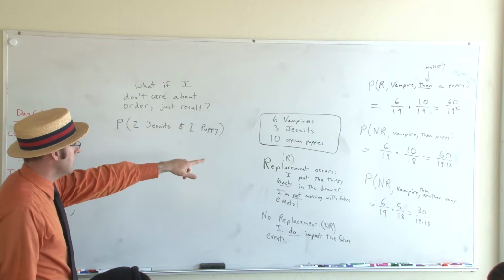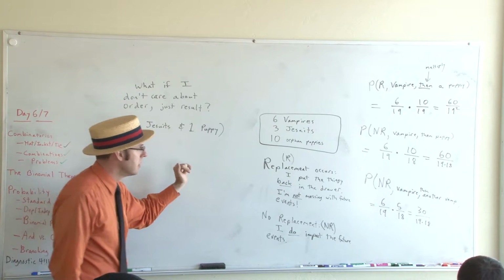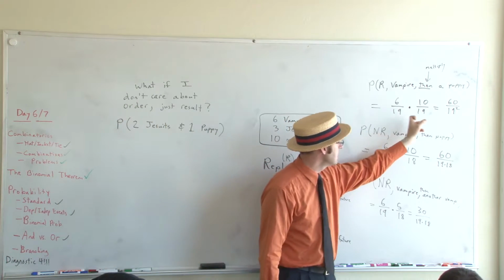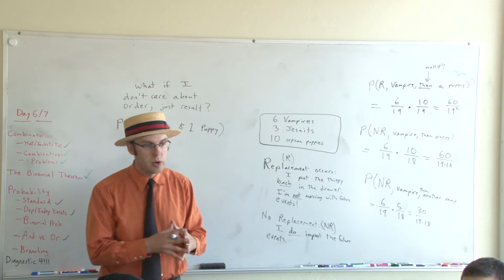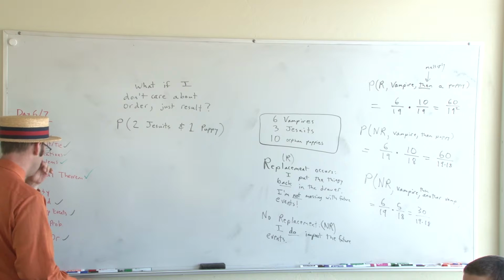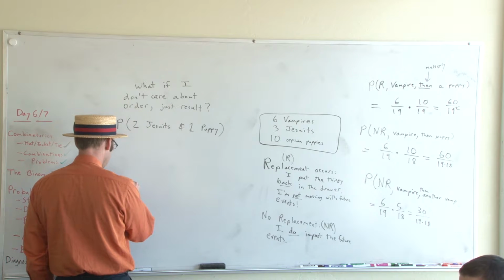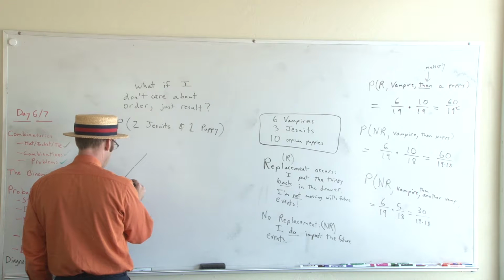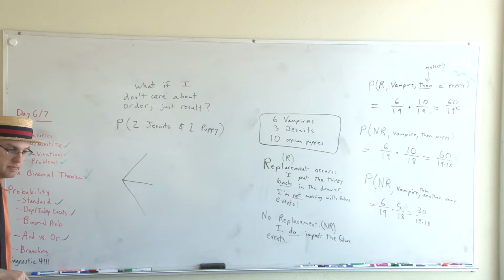Well, the problem with doing this is that this assumes a particular order, right? This assumes I'm going to do this and then this. When I don't assume a particular order, it opens things up a bit. So what I'm going to do is make a branch chart for my events.